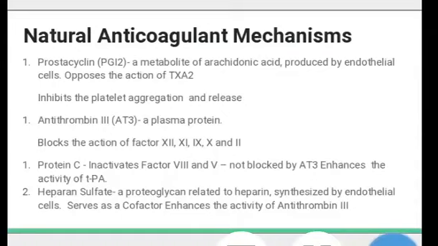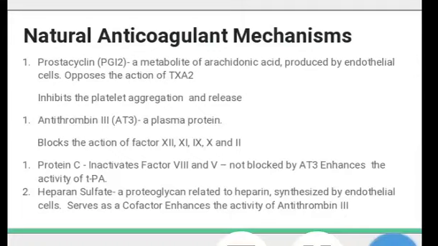Now, natural anticoagulant mechanisms are also present in the body. How they act, we will see. One is the substance prostacyclin. It is a metabolite of arachidonic acid and is produced by endothelial cells. Now this prostacyclin is present on the normal healthy endothelial cell surface, where it acts on thromboxane A2.